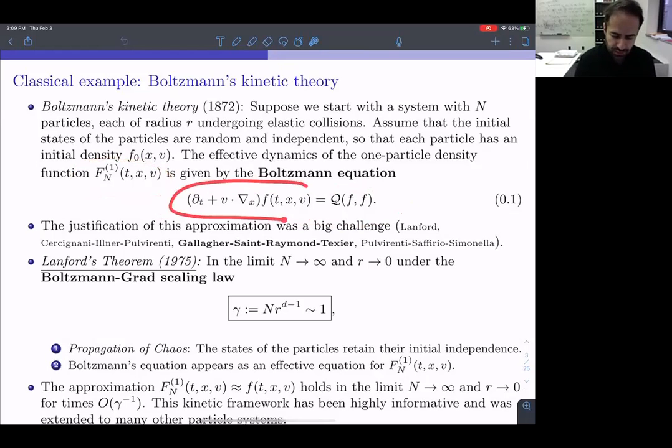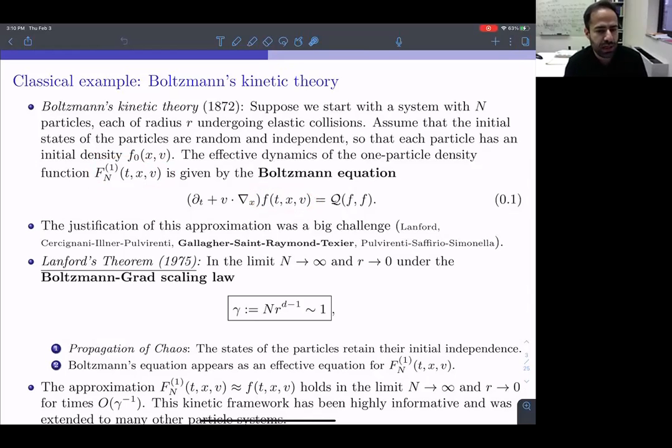There's a transport term on the left-hand side, and on the right-hand side, there's a quadratic collision kernel, which I won't write here for the sake of brevity. Hilbert's sixth problem would correspond to a justification of this approximation between the probability of finding a particle at position x moving with velocity v and the solution of Boltzmann's equation.